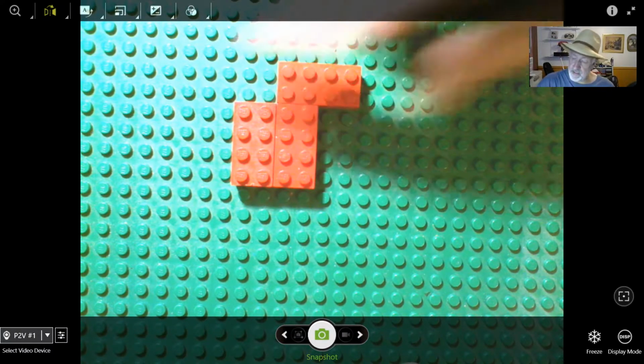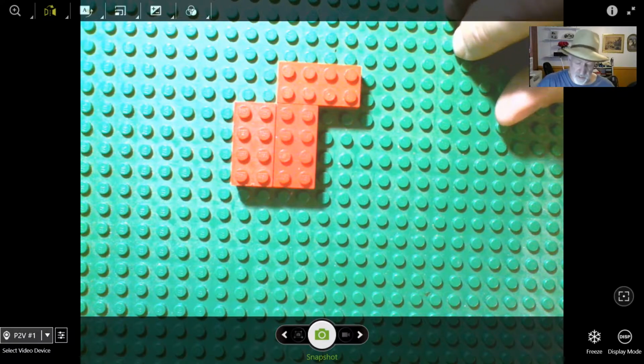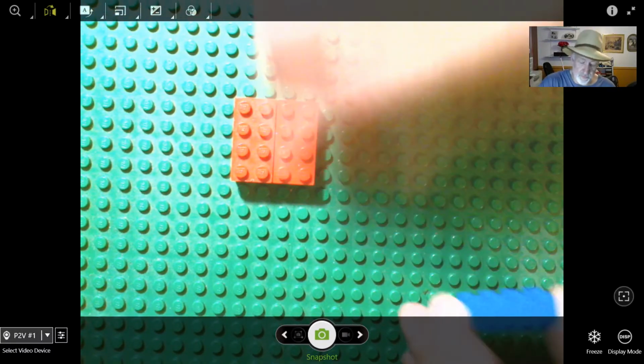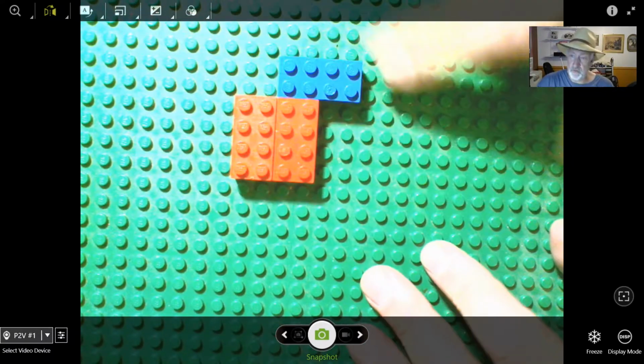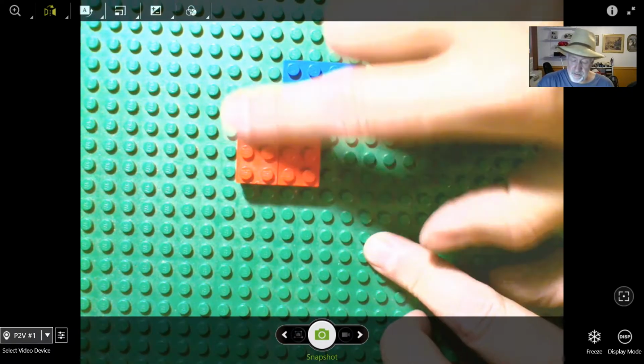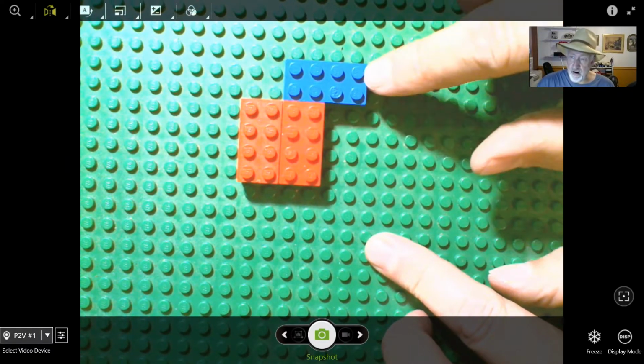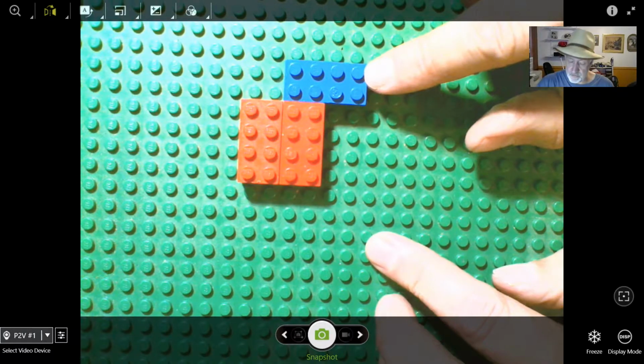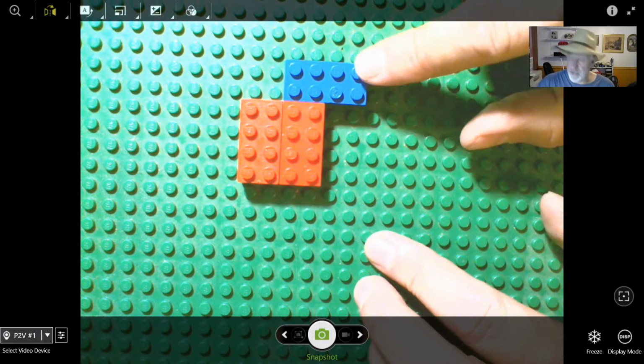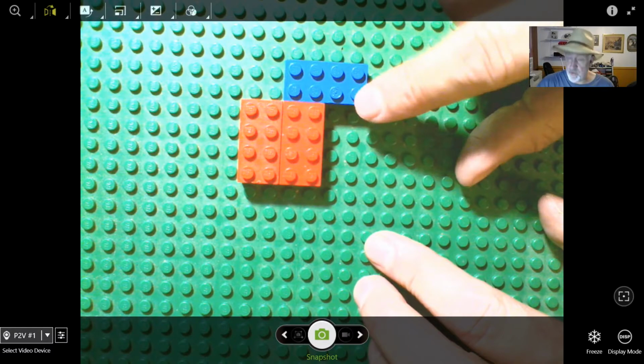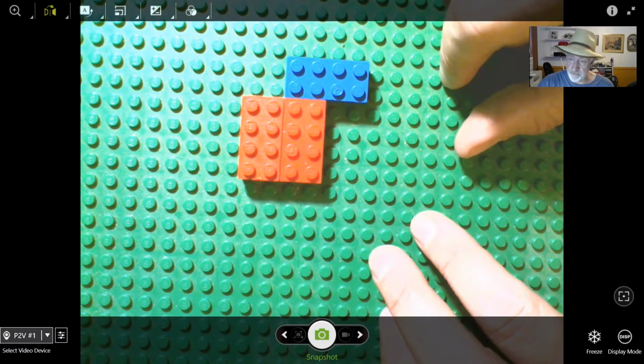Because I know, and let me show you here, let's take this red one off. I'm going to replace it with a blue one just to show that we can separate this into two shapes that are either rectangles or squares. And if they were triangular, we could use that as well because we know the formula for the area of a triangle.